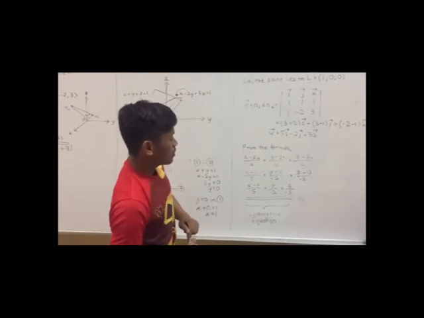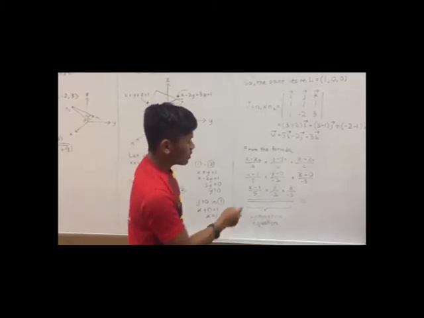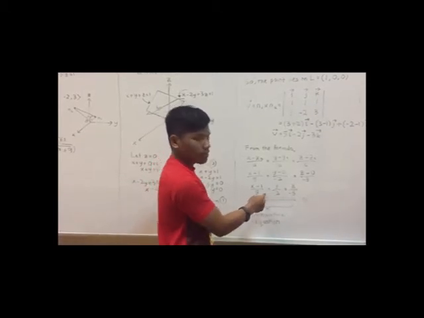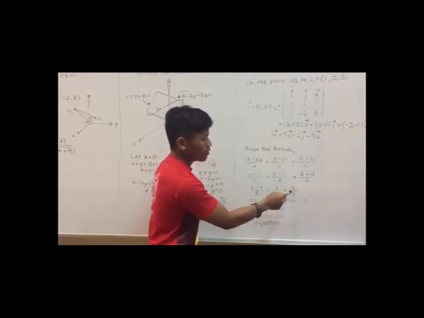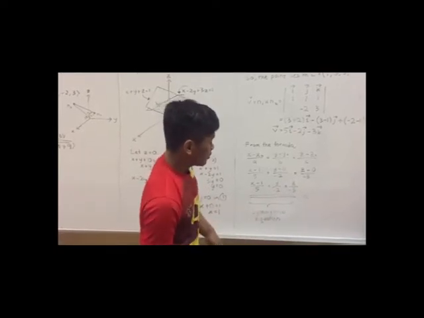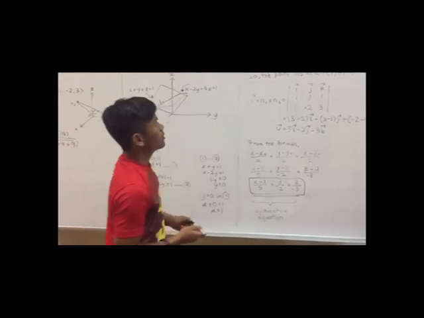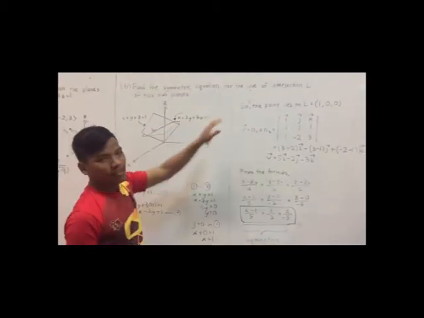So we solve it and we get x minus 1 over 5 equals y over negative 2 equals z over negative 3. So this is the symmetric equation for the line of intersection L.